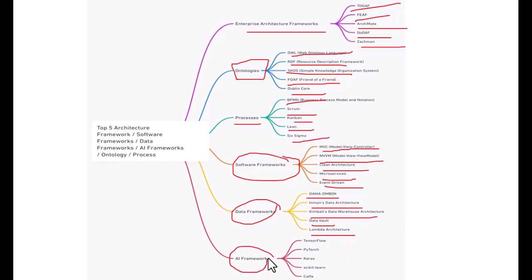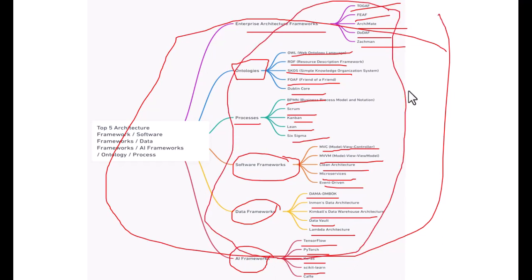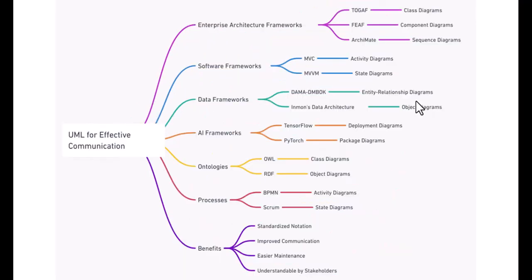In the AI frameworks, you see TensorFlow, PyTorch, Keras. What I'm trying to say through this architecture viewpoint is that everywhere, whatever you see here, you can use UML. Let me move to the next section, and you will be able to relate it very easily.